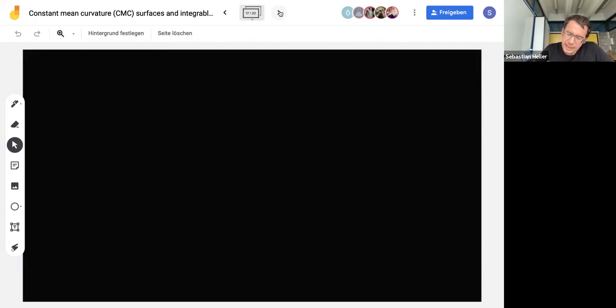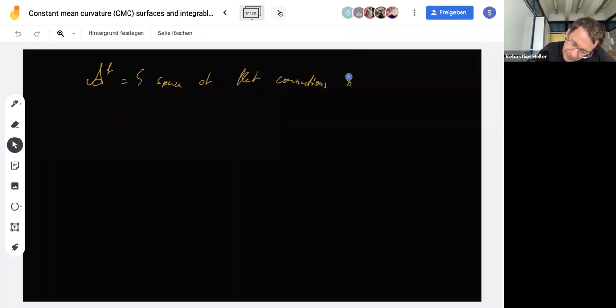And we have the infinite dimensional space of flat connections. So let me denote by AF the space of flat SL2C connections, where the connection one forms are given by trace-free one forms on our trivial bundle V.